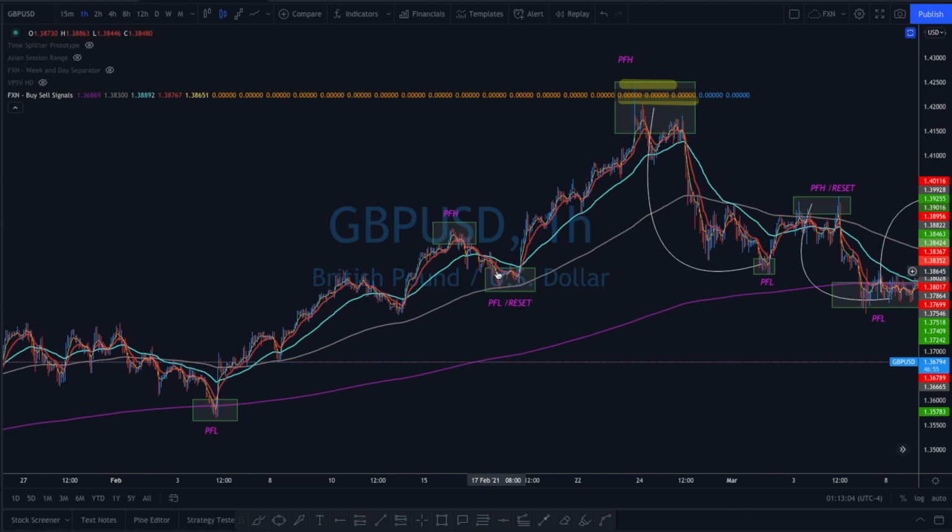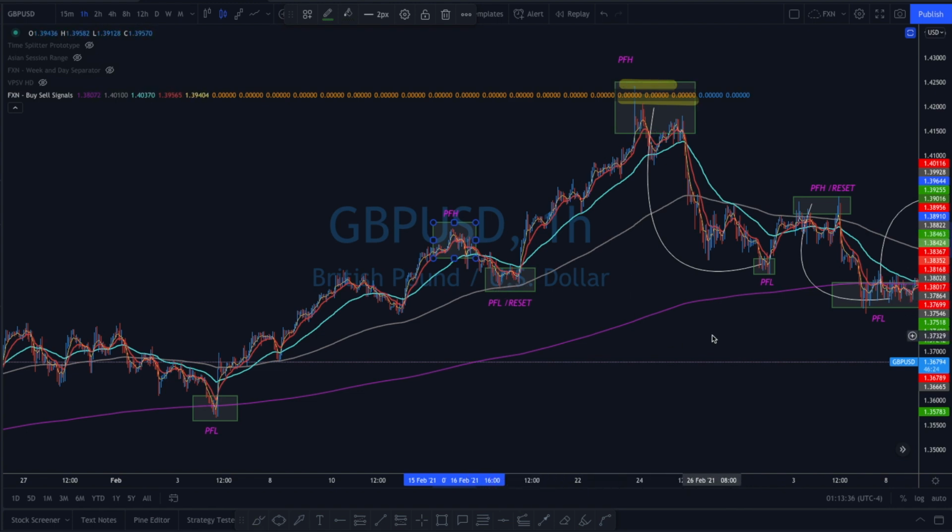Because you have to remember, to have a peak formation here, we need a cross of the 13 and 50 on a 1 hour chart. That's what helps confirm the peak formation. So this cross here helps us confirm that, right? That cross. But then you see how it comes down to the 200, bounces off the 200, and then it goes off.